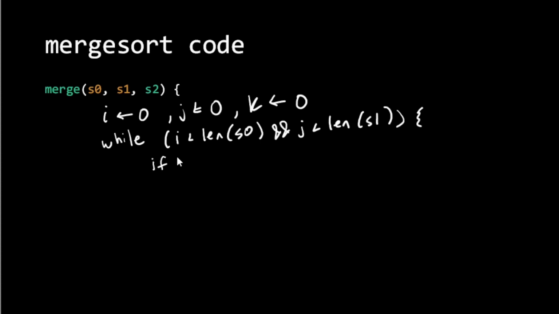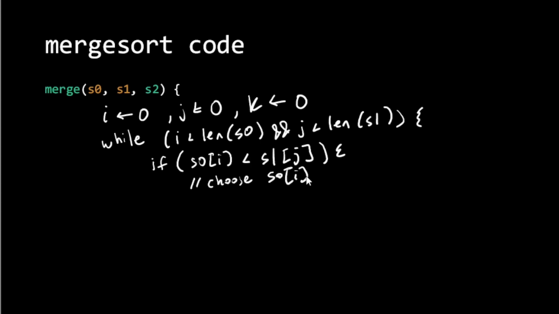We're going to say if S0[i] is less than S1[j], then we're going to choose S0[i], which, in the way we do that, is we set our output S2 at k, and we want to advance k, which is going to be tracking S2, equal to S0[i++], and we will only, this is important here, only advance i, right?